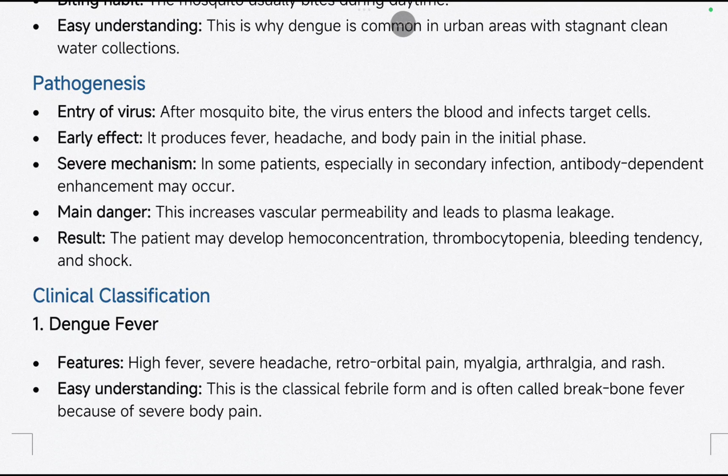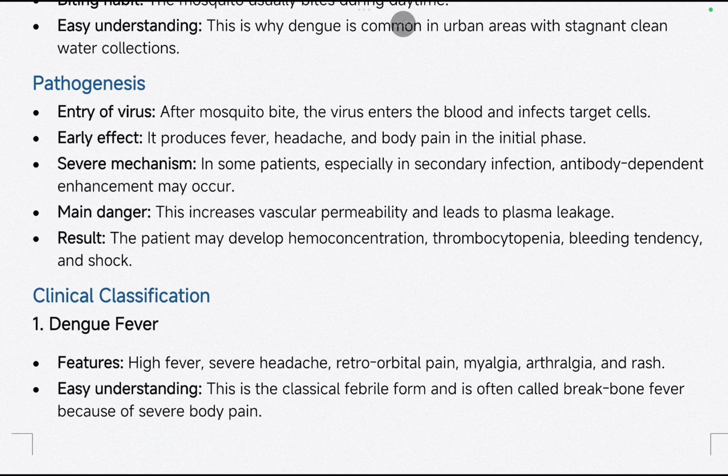Suppose the primary infection was with serotype DEN1. So, the body will only produce antibodies for DEN1. If the secondary infection occurs due to DEN2, the body will not be able to fight against it. That is why dengue becomes so dangerous.